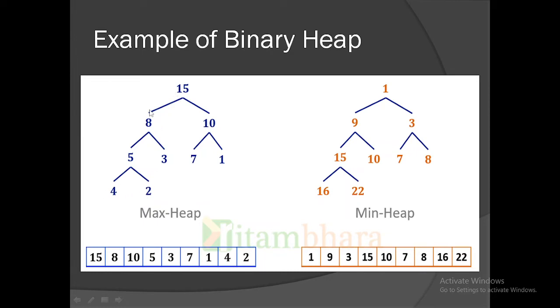Whatever the next level is, all the elements are arranged in order into this array. Let's cross check once: in the array we see first 15, then 8, 10, 5, 3, 7, 1, 4, 2. So this is the array representation of the above max heap. Similarly, we have the min heap.